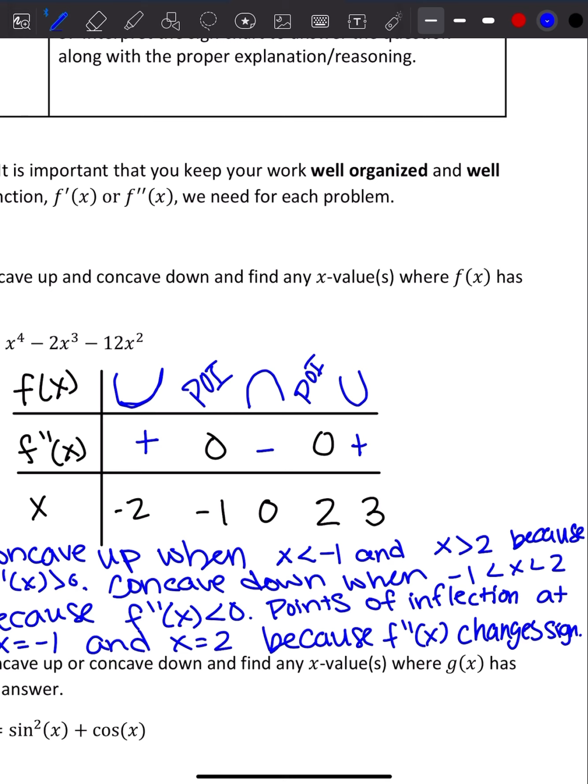So we know we change sign at those 2 points, so I know that those are going to be points of inflection.